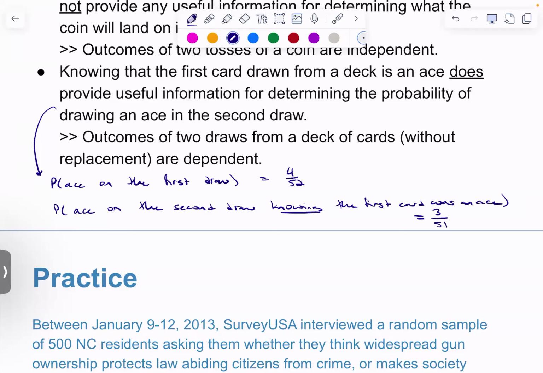That's probably the hardest part, remembering that now you only have 51 cards to draw from. So knowing the outcome of the first draw affects the probability on the next draw.